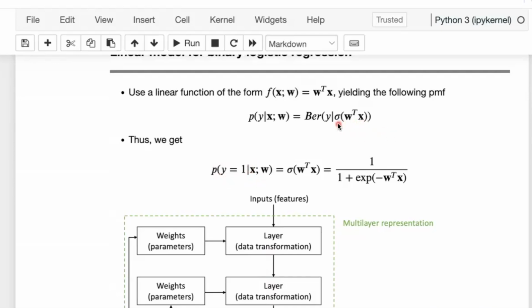And we know that this is a probability score because the sigmoid or logistic function has this nice property that its output is always between 0 and 1. And if we want to put the entire expression here, this can be written as 1 over 1 plus exponential of negative a, where a is this dot product or inner product between w and x.